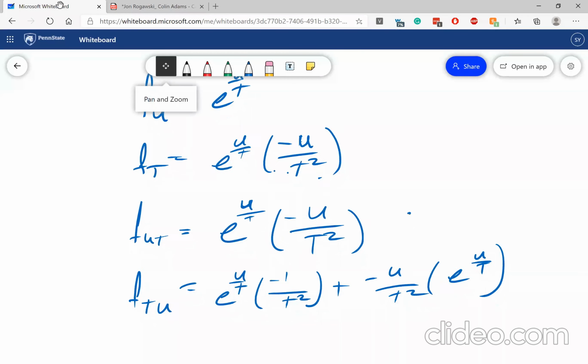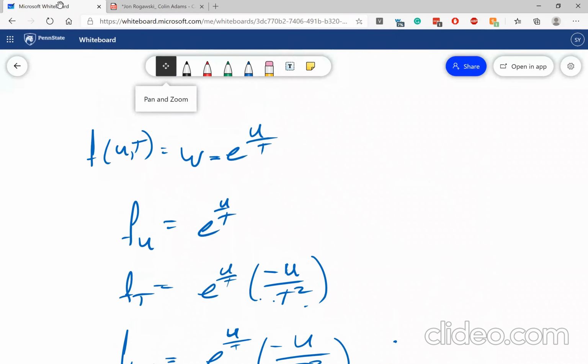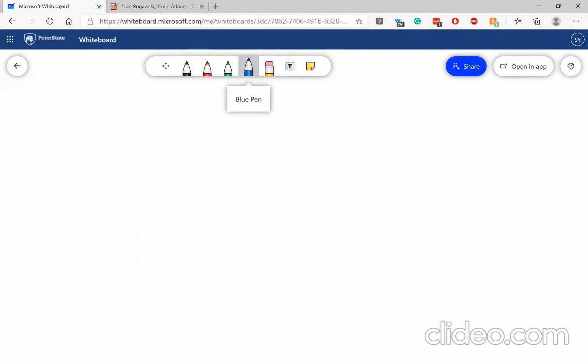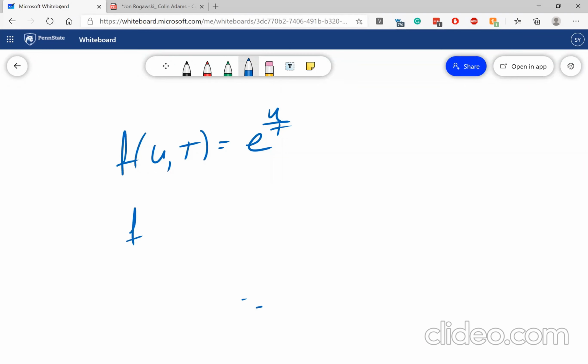Let's try this again. Okay, so f of u, t is equal to e to the u over t. So partial of f with respect to u is going to be equal to e to the u over t. Okay, that's correct.